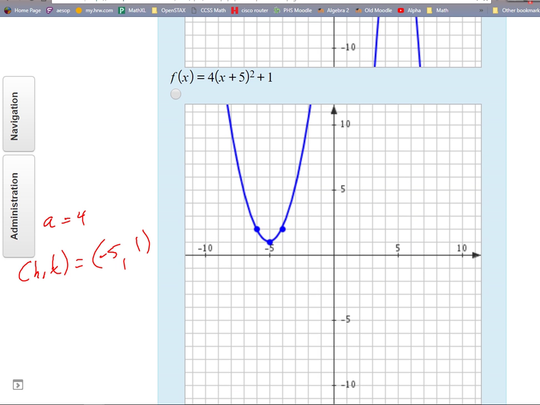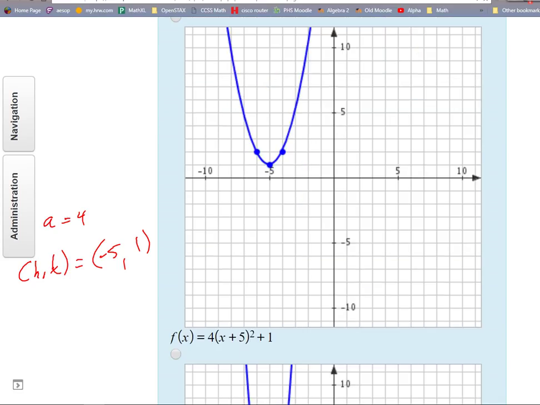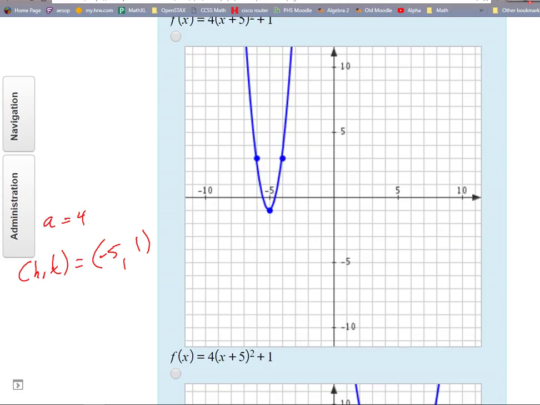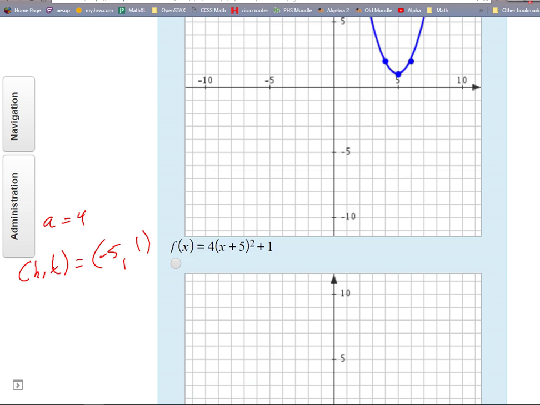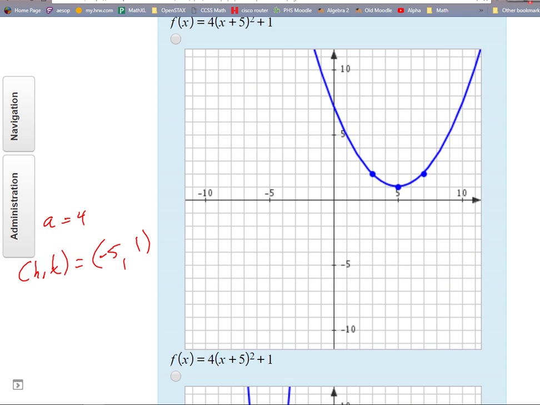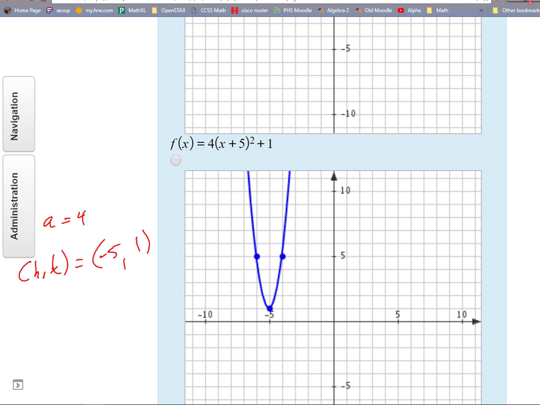There's -5, 1. But I go over 1 and up 1. That's normal. I should go over 1 and up how far? 4. Right there, looks like, bingo. No, because it's -5. That's -5, -1. Oh, you're right. Good eye, Aspen. That's good. Bingo, right there.